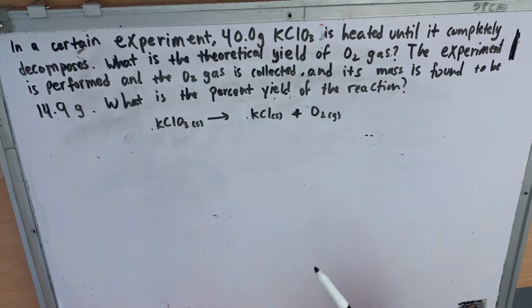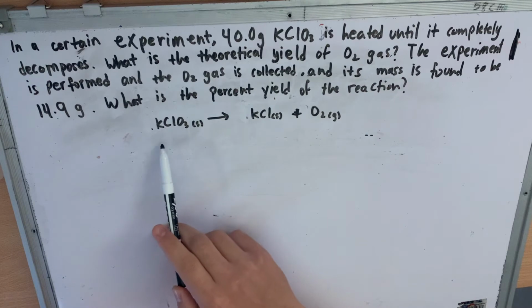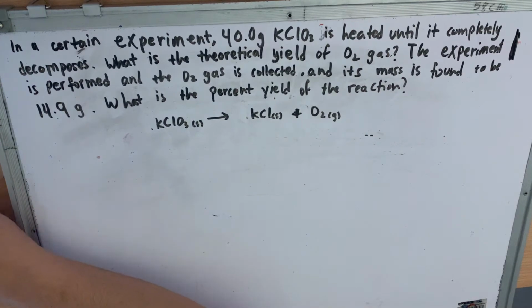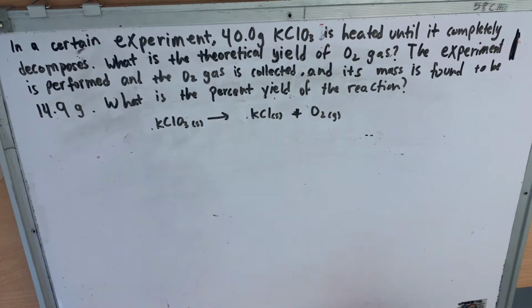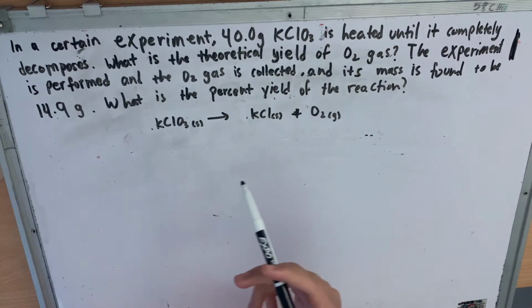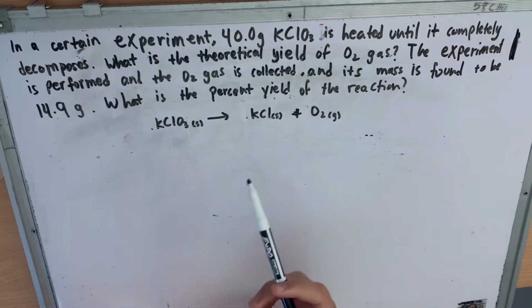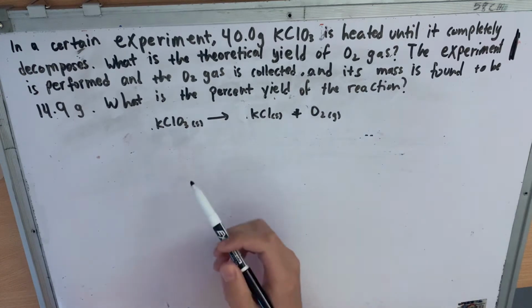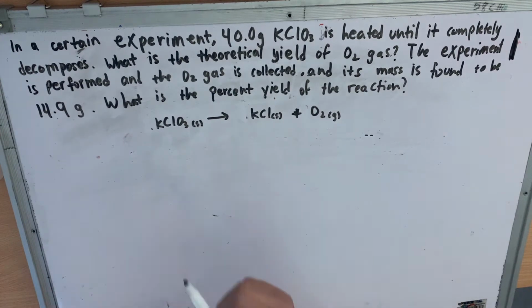So here we have the chemical equation for this reaction, and it demonstrates that potassium chlorate decomposes upon slight heating in the presence of a catalyst, obviously, but we don't include that in this equation.